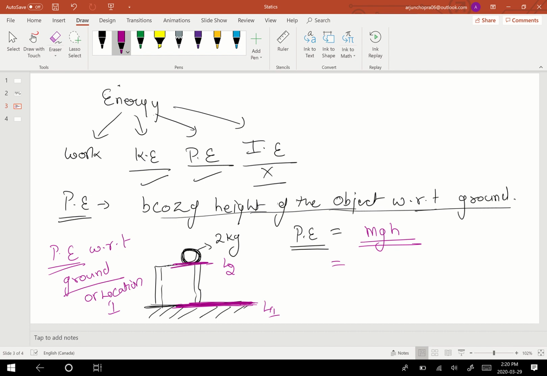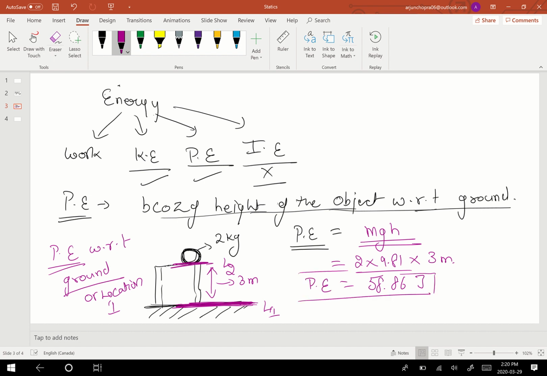So the potential energy will be equal to mass, which is 2, times g, which is 9.81, times height. Height is how much? Let's say I'm going to call it 3 meters. So this value will be equal to 2 times 9.81 times 3, which will be 58.86 joules of potential energy.